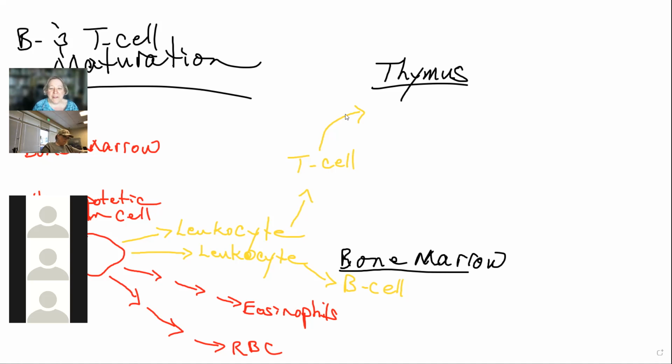So there's a couple of tests that these guys have to pass for them to be able to go on and graduate as naive B cells or naive T cells.